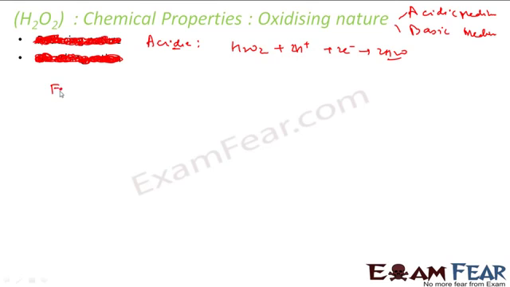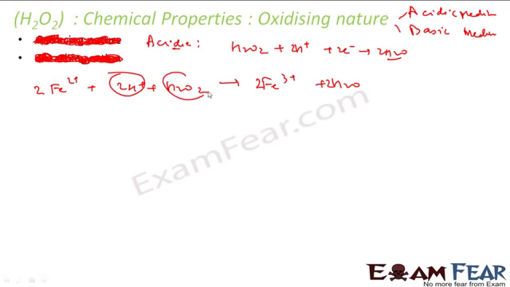For example, iron, I have Fe2 plus. It reacts with 2H plus, this is acidic medium, and H2O2, this will give you Fe3 plus plus water. You can balance this. So if you see in acidic medium, H2O2 reacts, it is oxidizing the iron from Fe2 to Fe3.